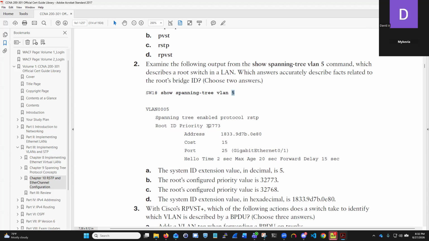The default priority for a bridge ID is 32,768. If you add 32,768 plus 5, what does that give you? 32,773. That makes sense, because D is not the answer, since that's actually the MAC address. Is that right? Yep, exactly. So that is not the answer.